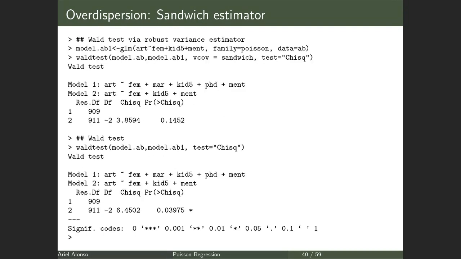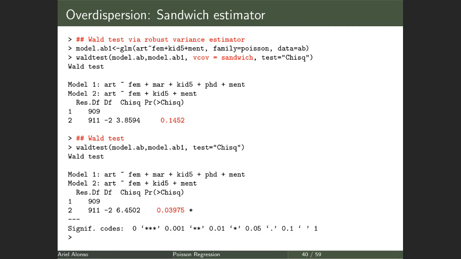But I'm going to use two versions of the Wald test. I'm going to use a version that uses the sandwich estimator, and I'm going to use a version that simply uses the Poisson model. And as you can see, if you use the sandwich estimator, here you are comparing a full model that has everything with a model that doesn't have PhD and marital status, these two that were not significant.